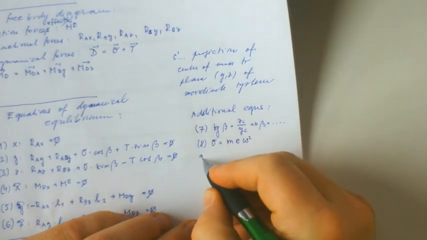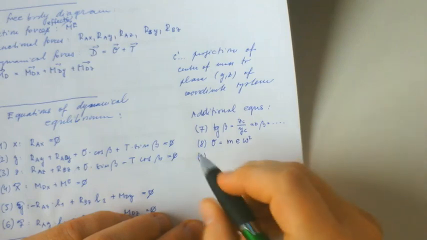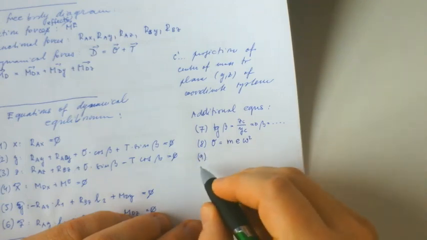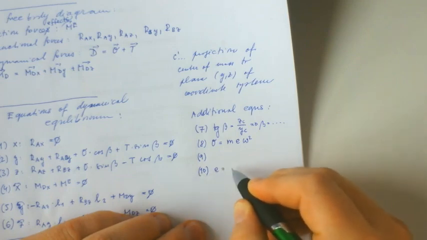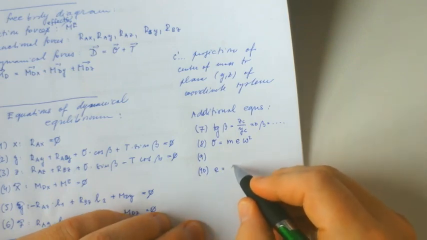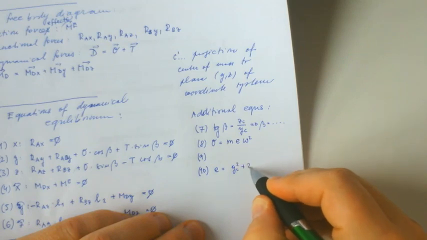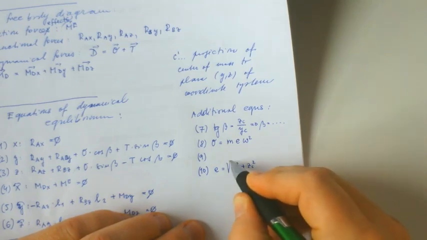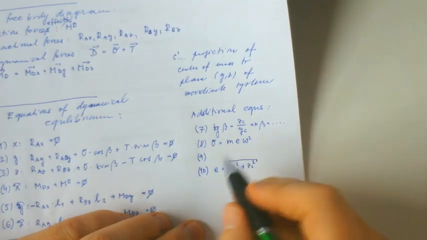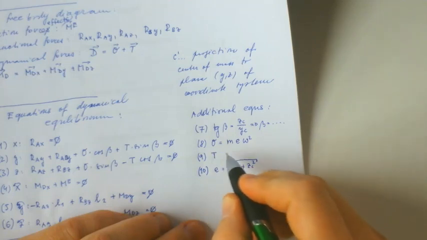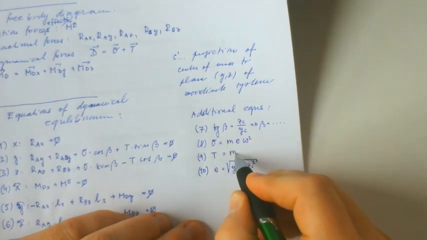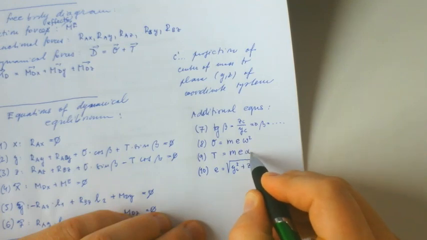So I can add that e is square root of yc square plus zc square, and I left a blank place for t. It is from the definition m e alpha.